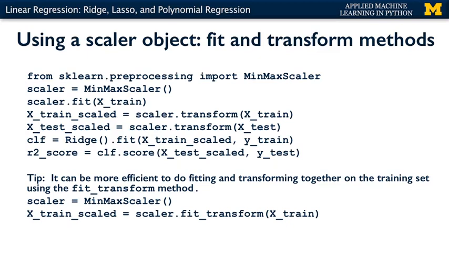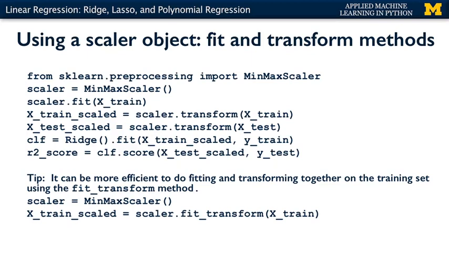Then to apply the scaler, you call its transform method and pass in the data you want to rescale. The output will be the scaled version of the input data. In this case, we want to scale the training data and save it in a new variable called X_train_scaled, and the test data, saving that into a new variable called X_test_scaled. Then we just use these scaled versions of the feature data instead of the original feature data.